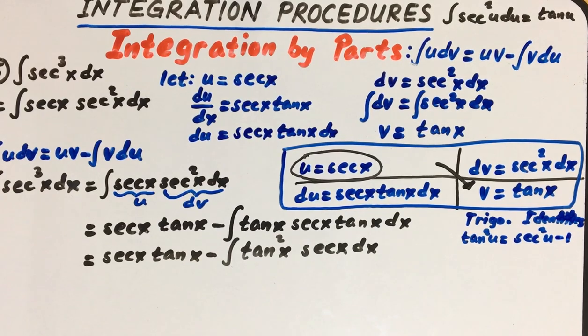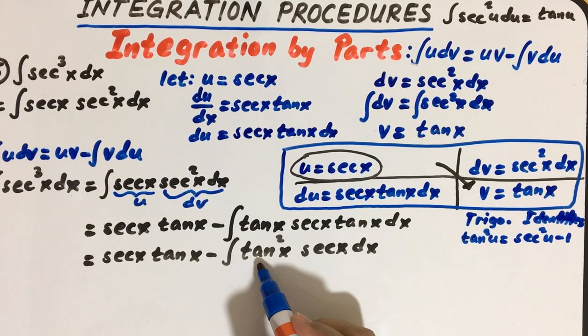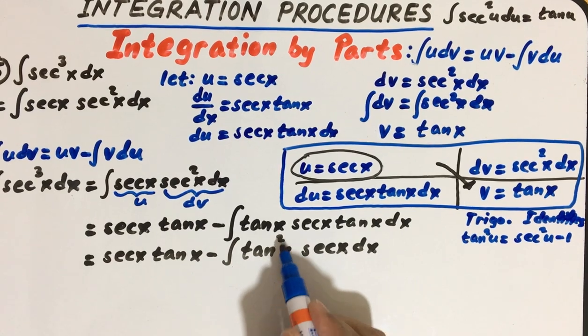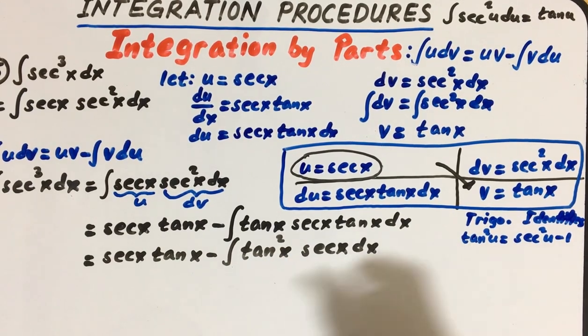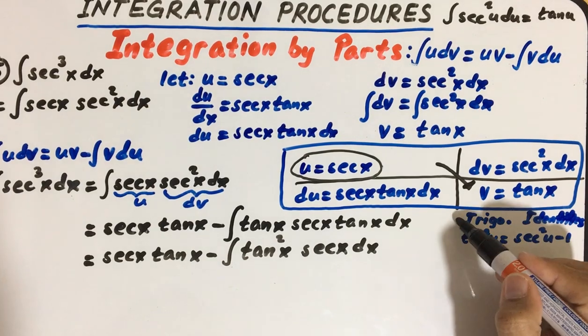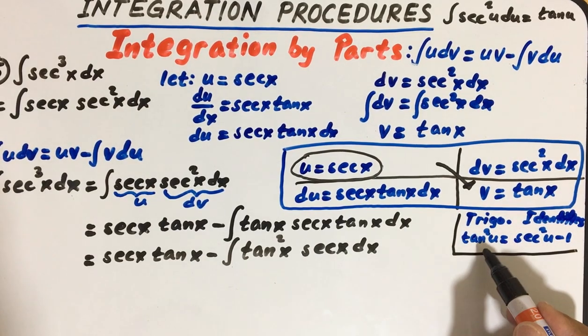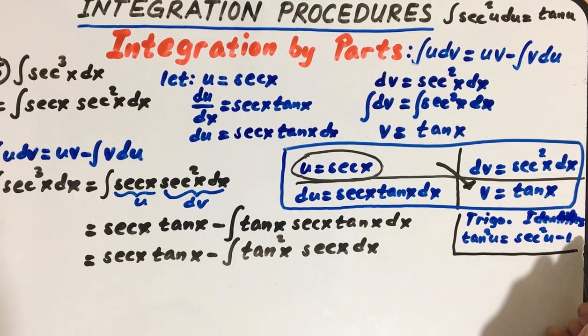So we have to make use of that identity, class, to replace our tangent squared x here. We use this trigonometric identity: tangent squared u equals secant squared u minus 1.